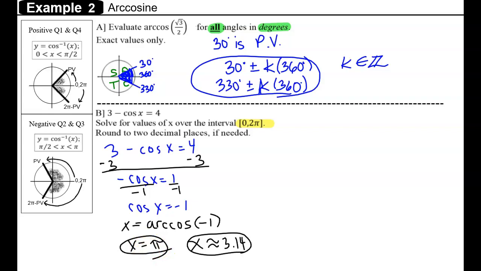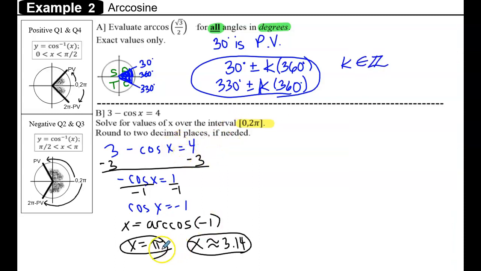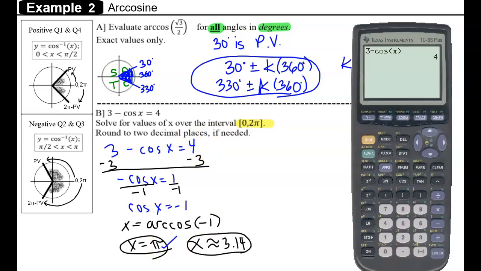Just remember to use the approximately equal symbol if you are rounding, and the exactly equal symbol if you are not rounding. So to check this answer, we're going to substitute in pi for x. And when we press enter, we get a 4, which matches the answer that we started with. So we know that pi checks.